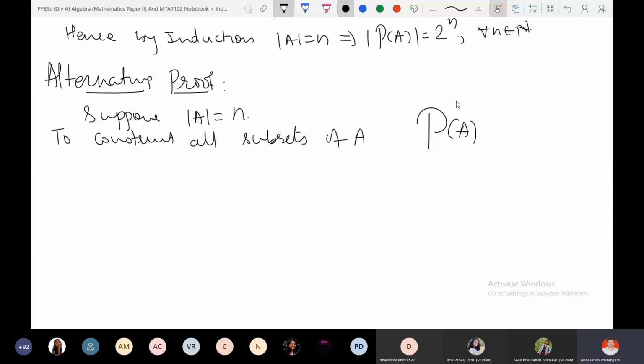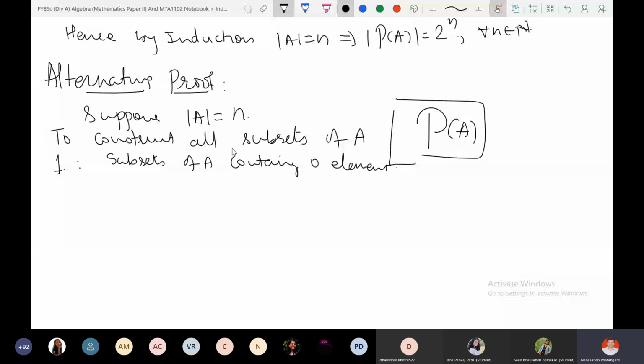So first of all, I will take the subsets of A containing 0 elements. First I will try to construct the set having no elements. So how many such subsets are there?